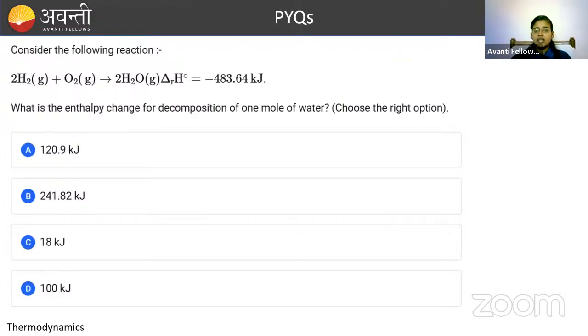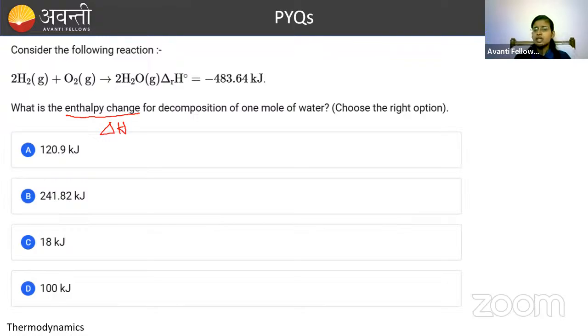Consider the following reaction and the delta H R naught is given for this reaction. What is the enthalpy change for decomposition of 1 mole of water? So what we have to find out? Enthalpy change, delta H, we have to find out for the decomposition of water. Decomposition means you have to reverse this reaction.